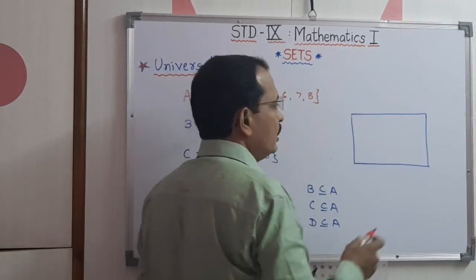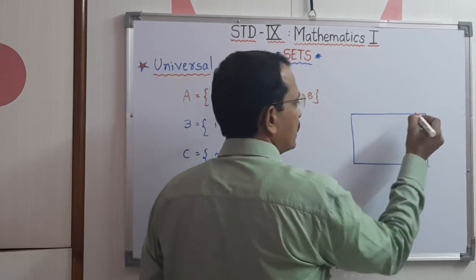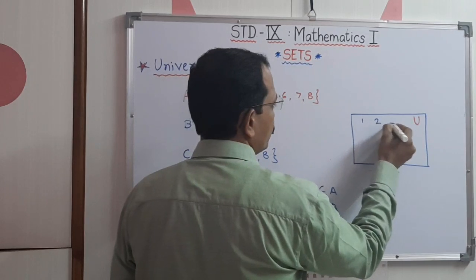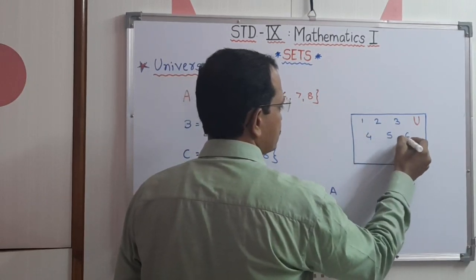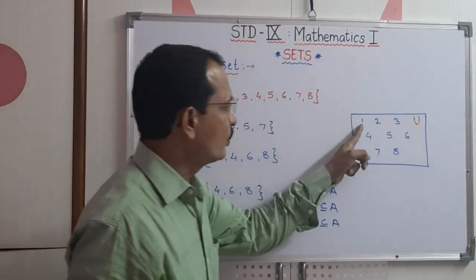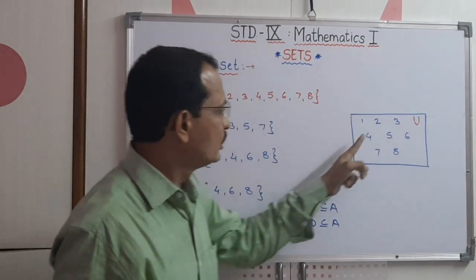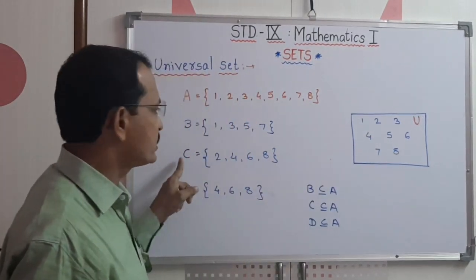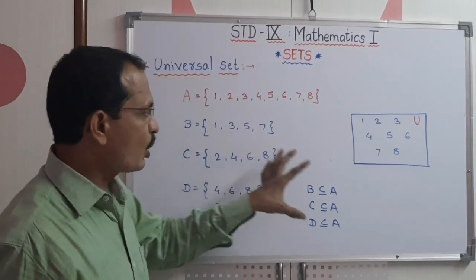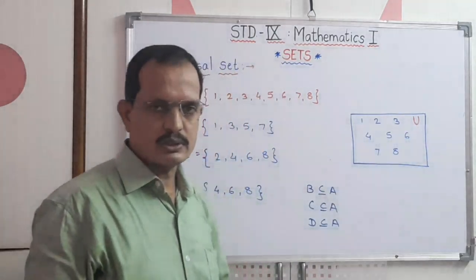And one more thing, the universal set is always denoted by the letter U. We write here all the elements, that is 1, 2, 3, 4, 5, 6, 7, 8. 1, 3, 5, 7 are the elements of set B, 2, 4, 6, 8 are the elements of set C, and 4, 6, 8 are the elements of set D. That means all the elements of these sets are present in set A. Therefore, set A is called a universal set.